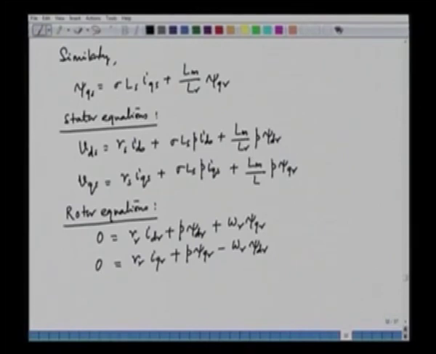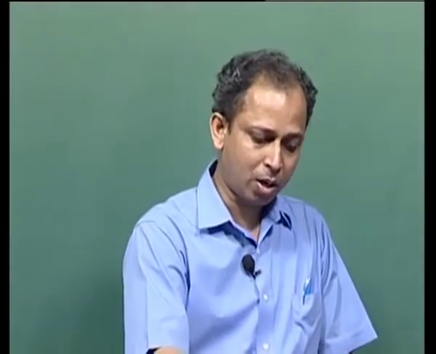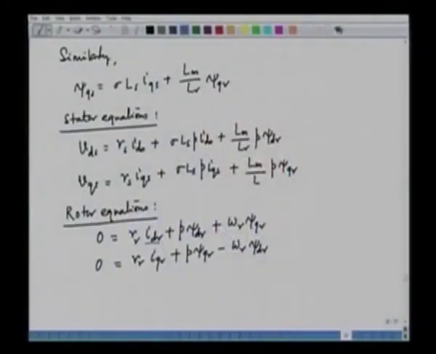So what we will do again, we can eliminate the rotor currents. These are not known to us. IDR is not known and IQR is also not known, and then we will do some simplification, and from the stator and the rotor equation we will try to estimate the rotor speed, that is omega r.